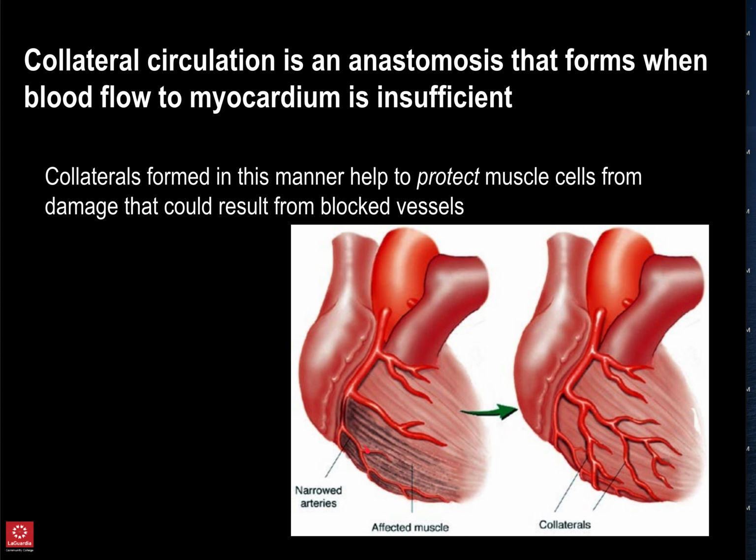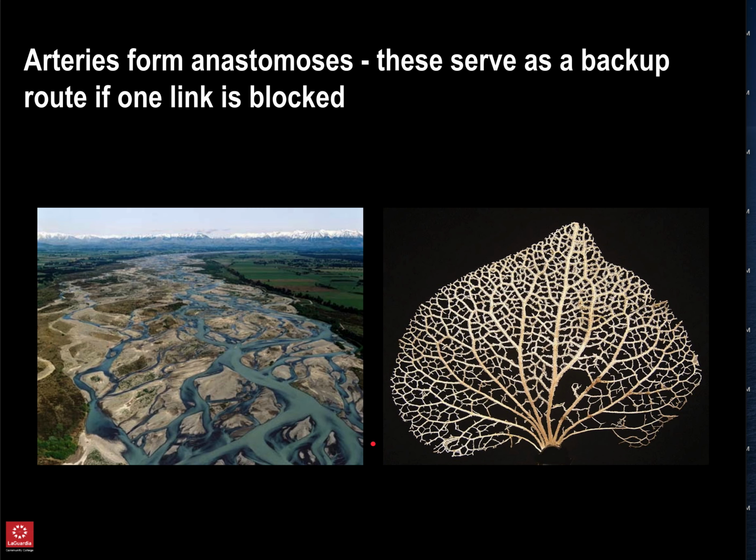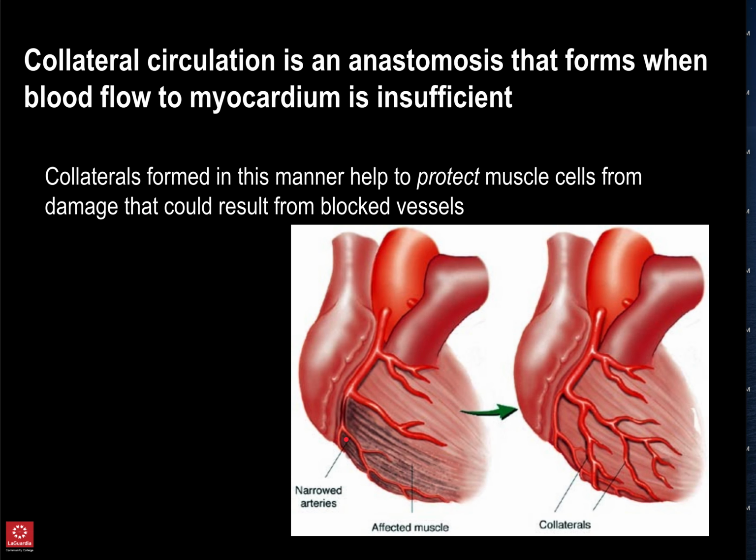You can see this narrowing right here. Well, let's assume that this person is regularly exercising. What will happen is the body will detect that the blood flow to this section of the muscle is insufficient, and it will start to grow new blood vessels to supply that area as a sort of backup. And we call this backup circulation the collateral circulation.